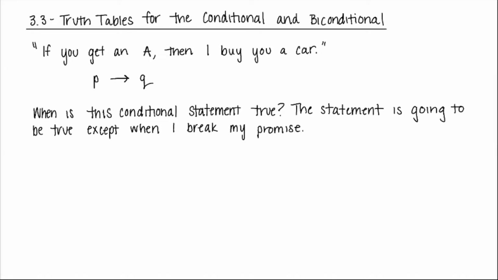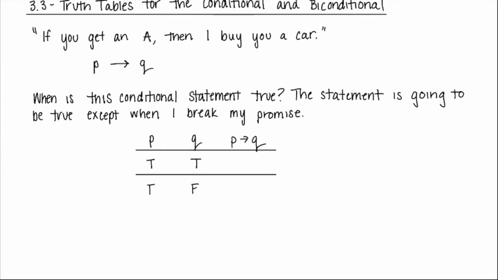So we're going to create our truth table and I'm going to dissect it just in terms of this phrase. We've got values for P and Q, and then we've got our conditional statement. So they could both be true, which means you get an A and I bought you a car. One could be true, one could be false. Then we can have the reverse.